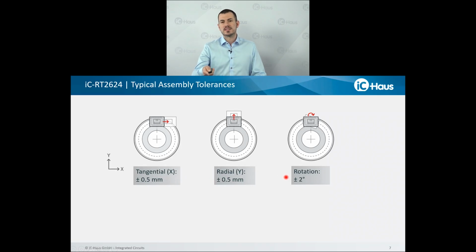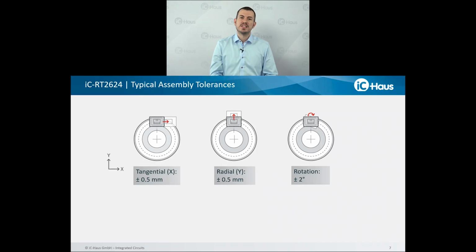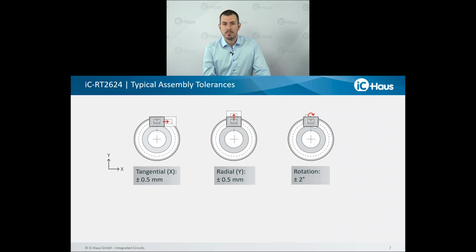The sensor can take some rotation in the XY plane up to plus minus 2 degrees. And speaking of the modular kit-style encoder motor feedback applications, you want to have a certain degree of freedom in the Z-axis as well, to compensate for some axial play, for example.